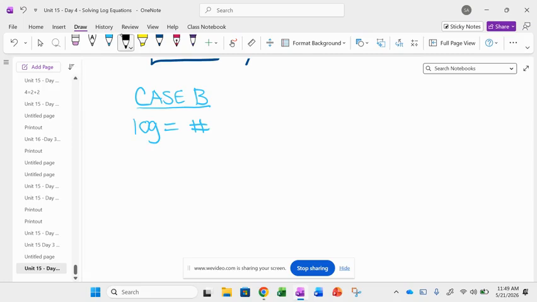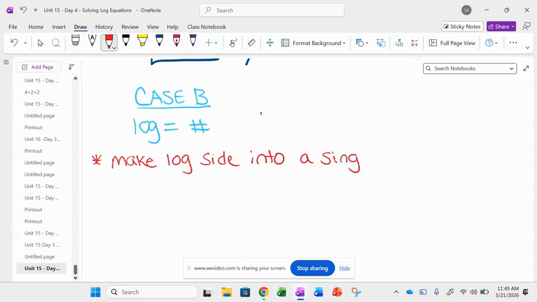And when we have log equals number, what we want to do is make the log side into a single log. Then change to exponential, then solve.